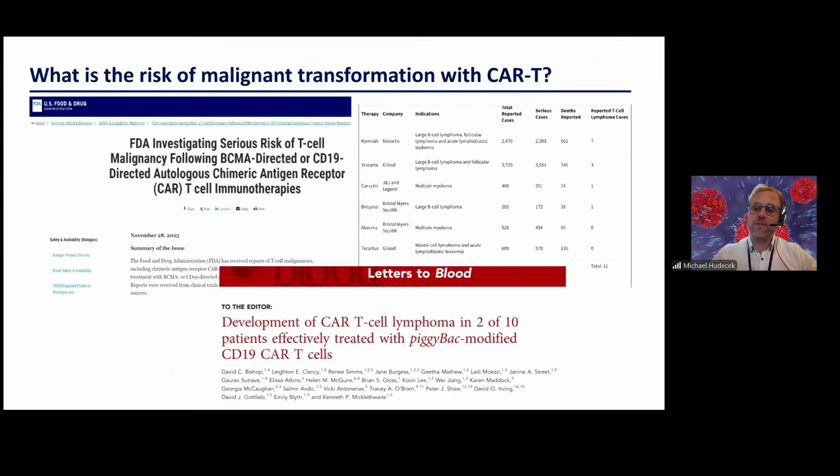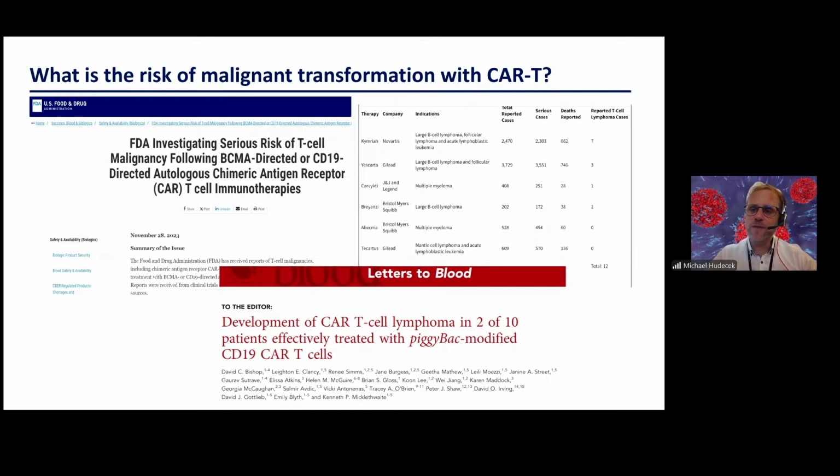The use of virus-free gene transfer is also important, considering the recent reports that flagged the risk for malignant transformation that, in the FDA report, was related to the use of viral gene transfer vectors and the potential insertion into oncogenes or proto-oncogenes.